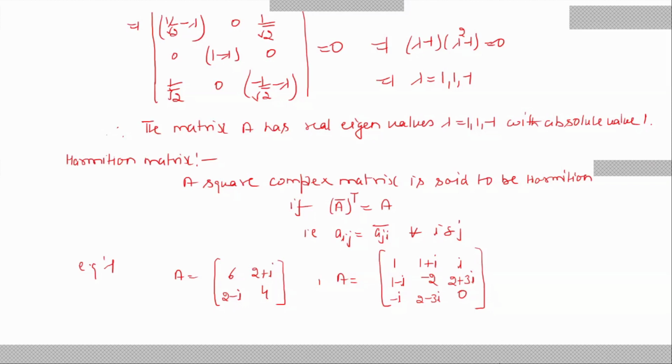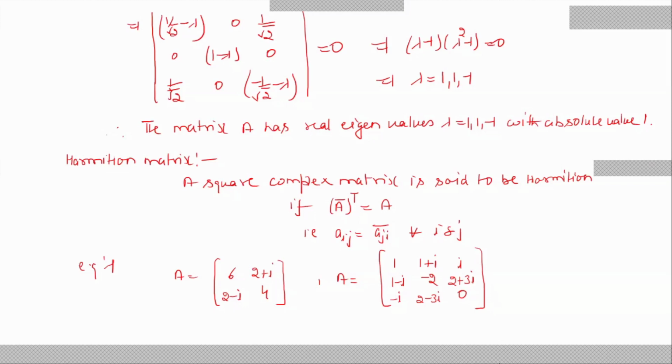If it is real, then conjugate of Aji is equal to Aji. So this is the generalization from symmetric to Hermitian.